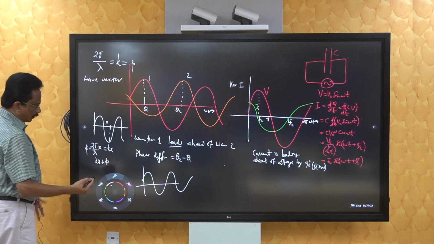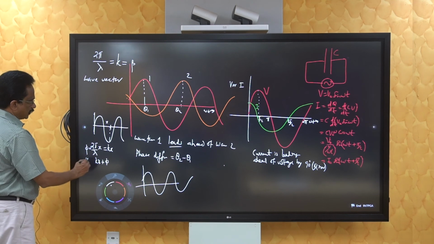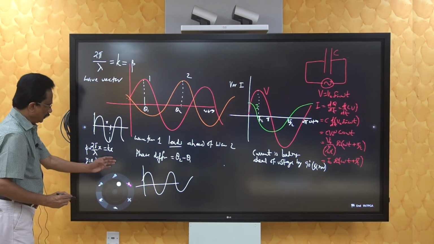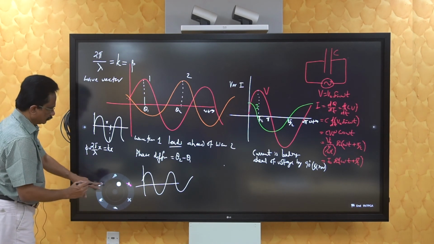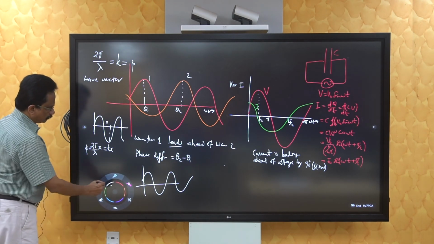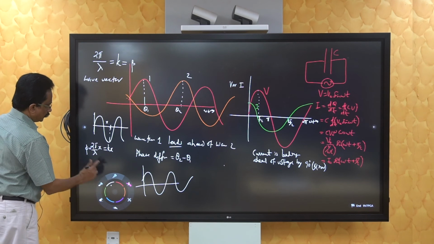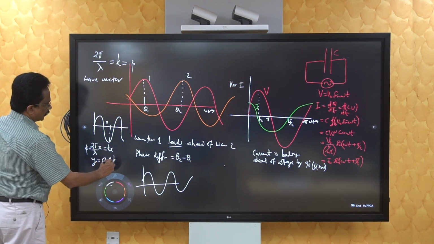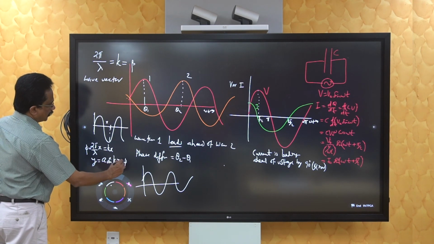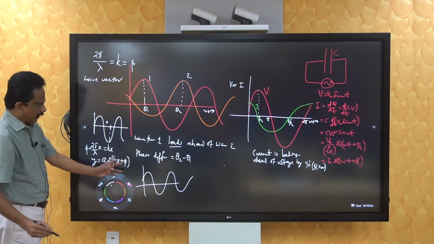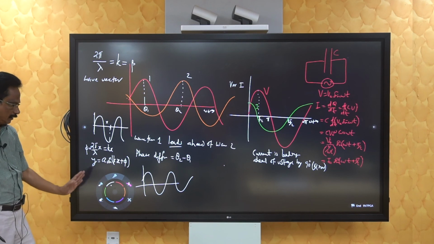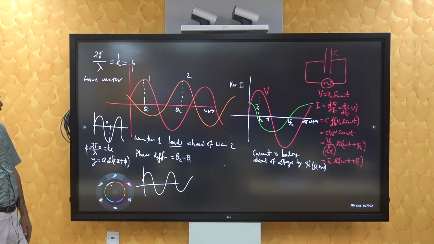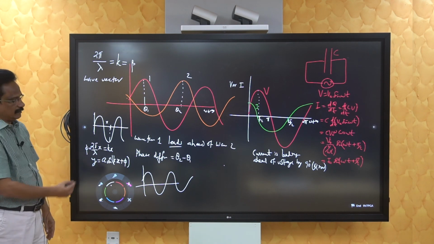And you recall the equation for the wave: y is equal to a sine of kx plus phi. Here the quantity kx plus phi stands for the total phase. This is a very important quantity in wave analysis, the phase.